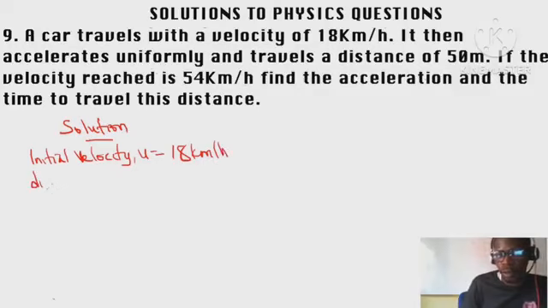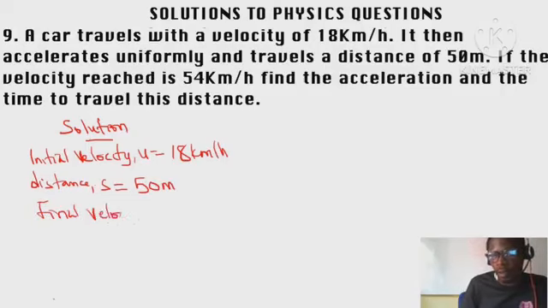The distance here is x, and x equals 50 meters. The velocity reached is the final velocity, that is our v, equals 54 kilometers per hour. Find the acceleration and the time to travel this distance.